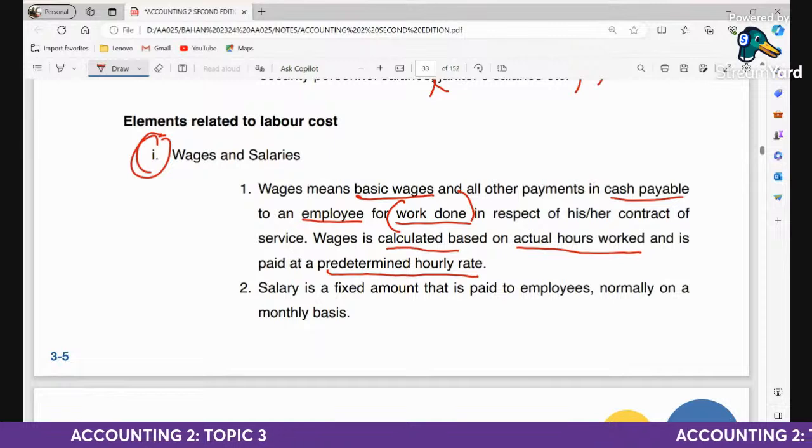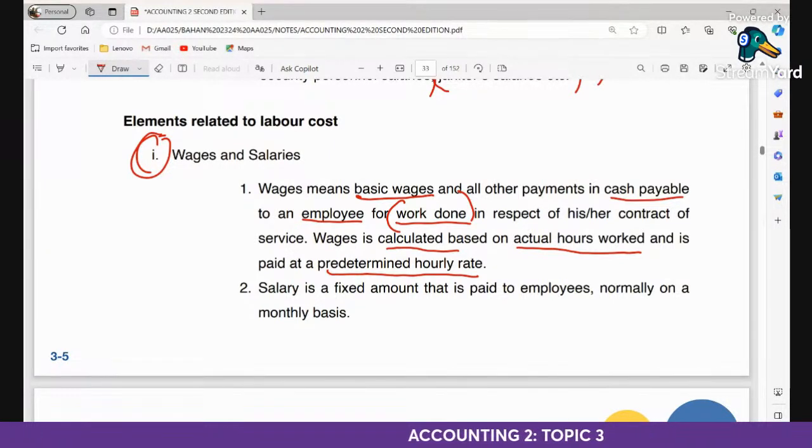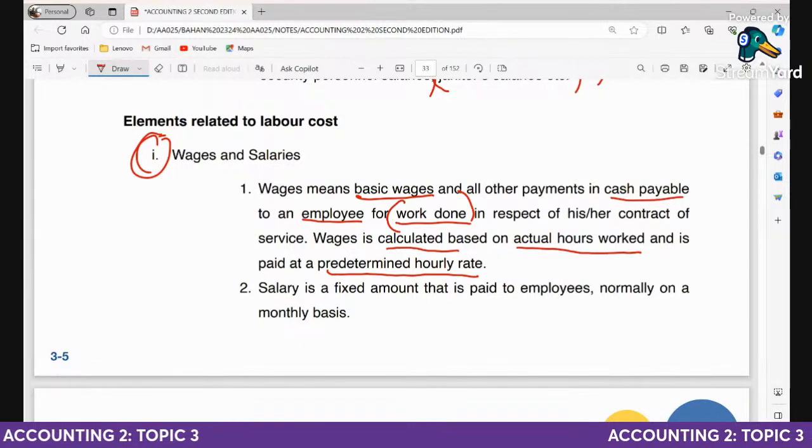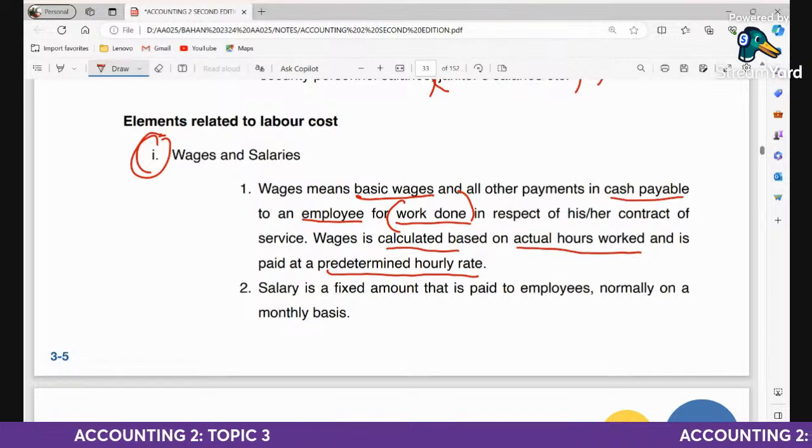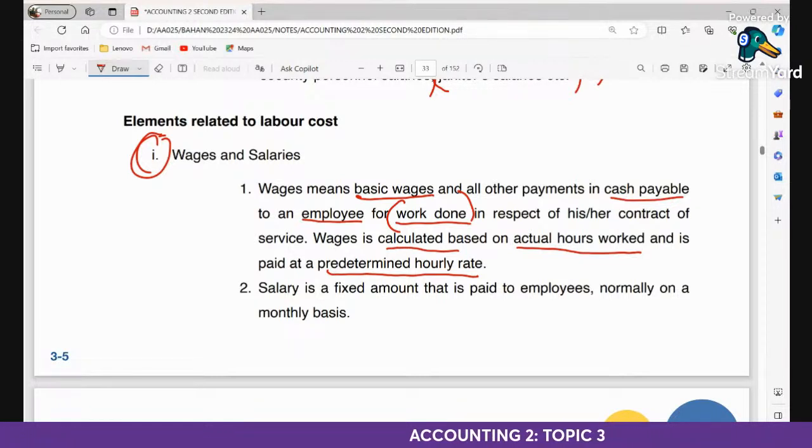So maksudnya awak kena tahu 1 jam pekerja ni dibayar berapa ringgit. Dan setiap pekerja ada jam maksimum untuk kerja setiap hari. So apabila mereka ada jam kerja yang ditetapkan setiap hari, maximum time allowed, yang itu kita akan darab dengan rate given, so kita akan dapat nilai wages yang perlu dibayar.